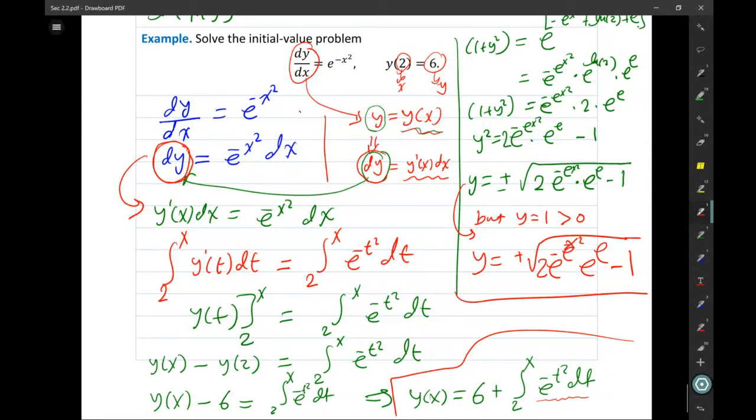Is it clear? Any question about this example?